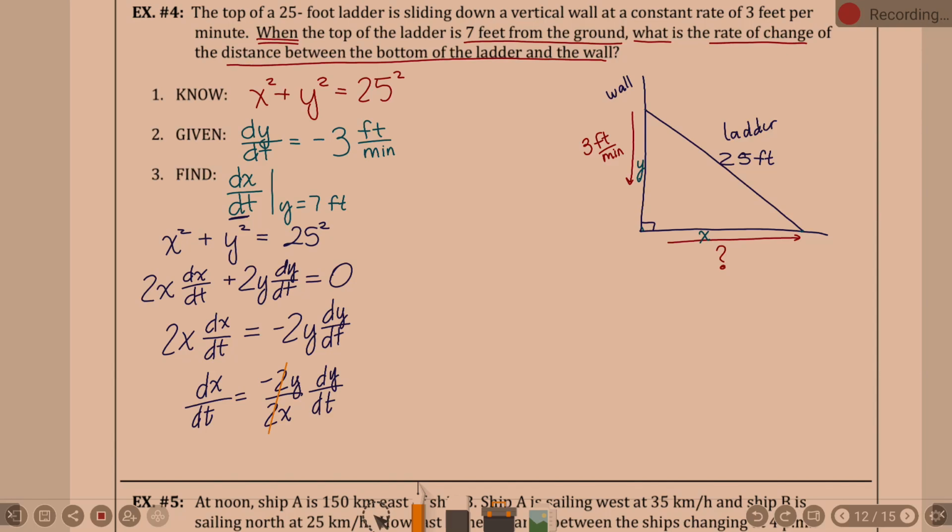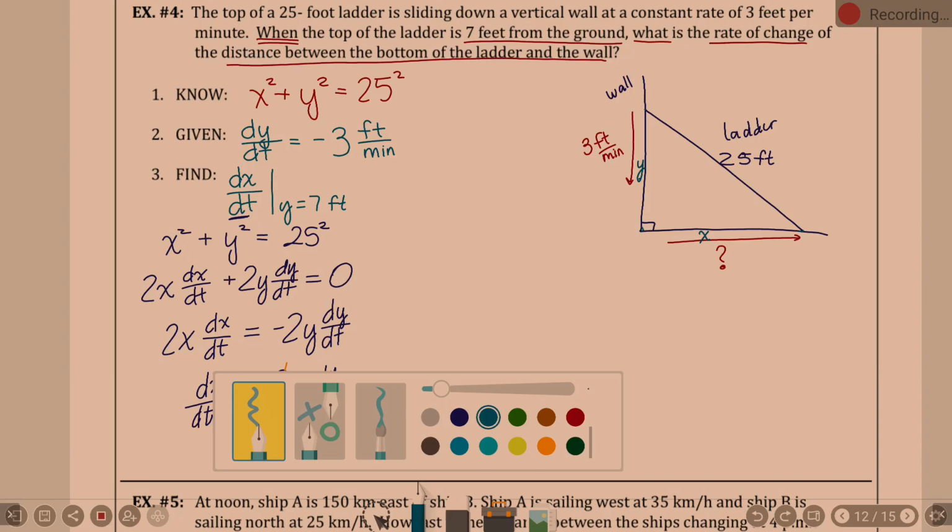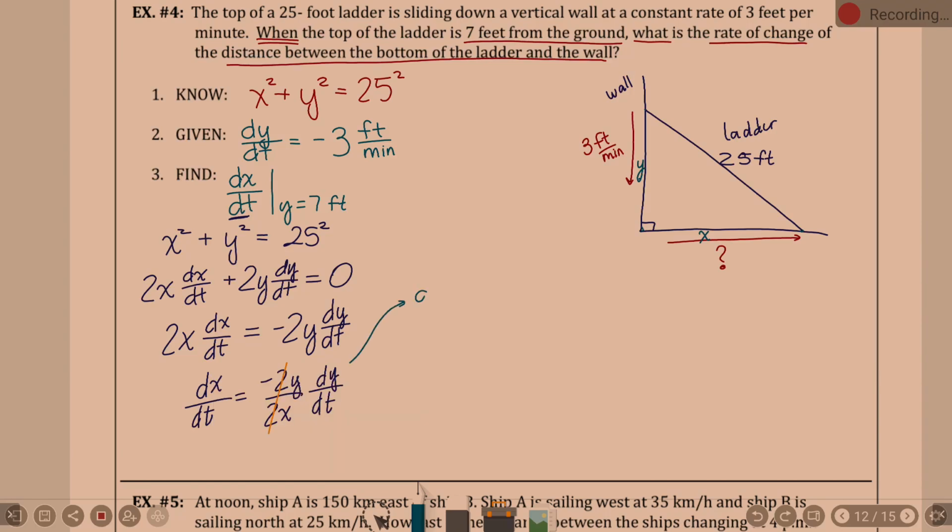Well, let's see what we can do with plugging in. So dx/dt, we're trying to evaluate when y equals 7. It's going to be the negative of y, so 7, over x, times dy/dt, so times negative 3.